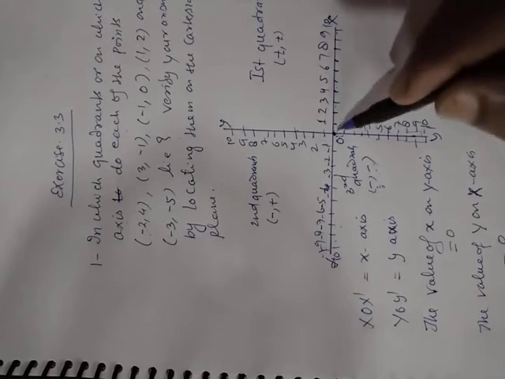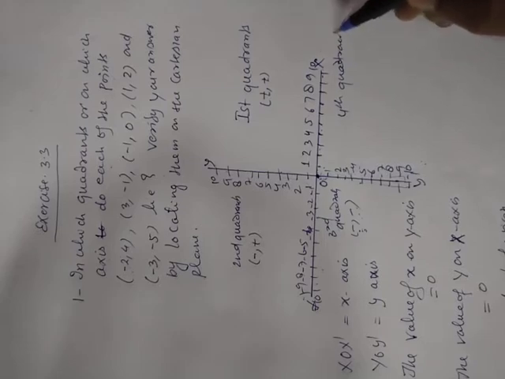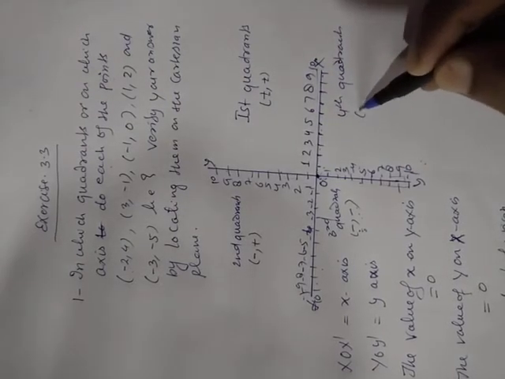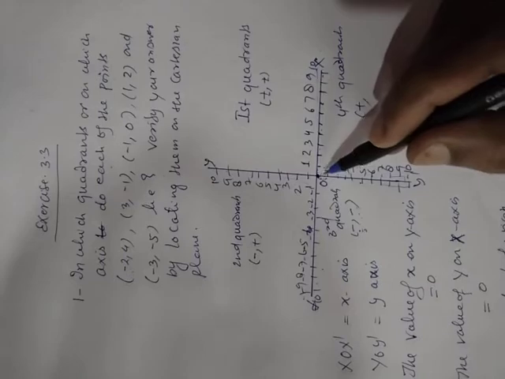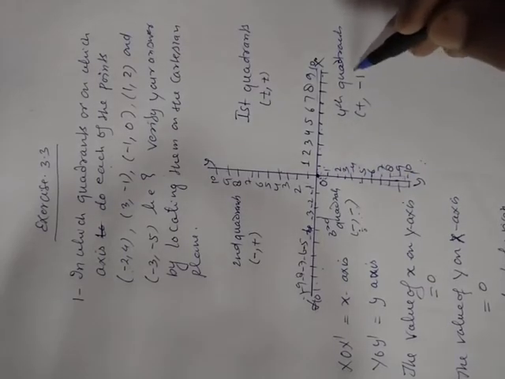In the third quadrant ordinate and abscissa both will be minus. In the fourth quadrant, abscissa is plus and ordinate is minus.